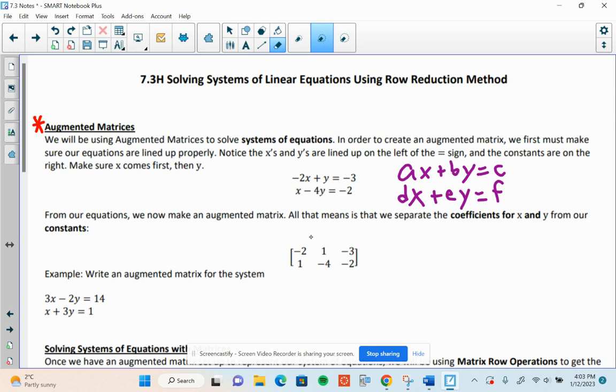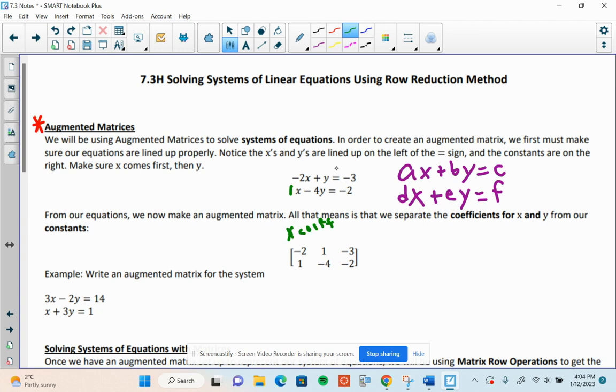What we do is we just take the coefficients of x and put them in the first column. So notice these are the coefficients of x. So these are the x coefficients in the first column. Notice the -2, right? Notice the 1. There it is. So those are the coefficients of x.